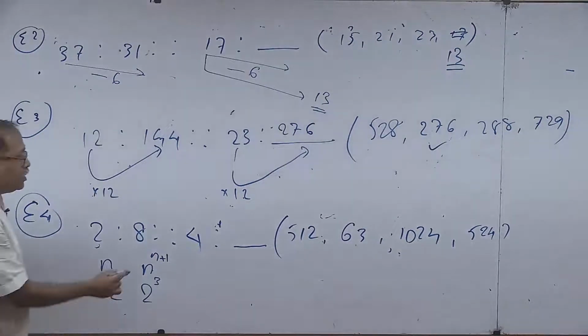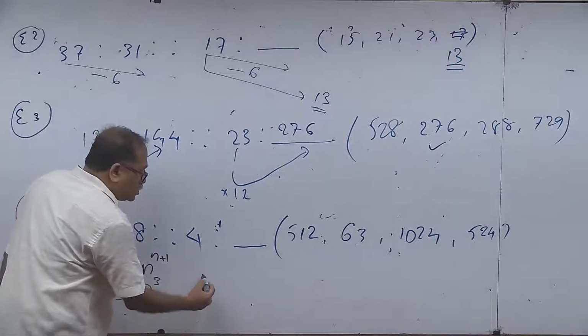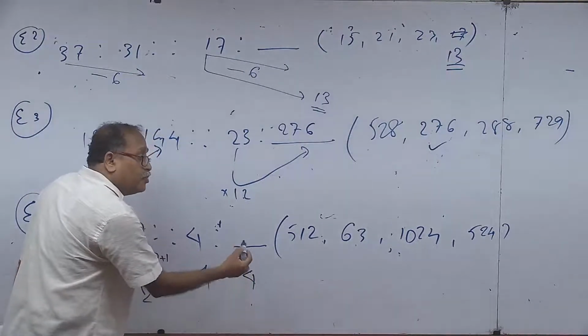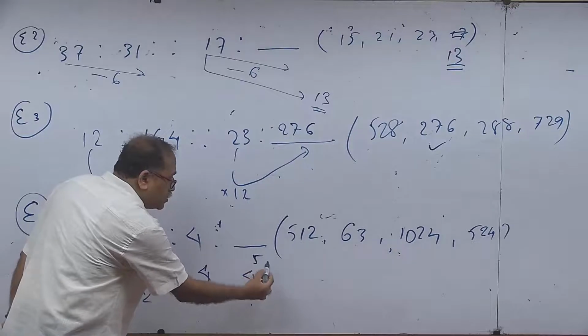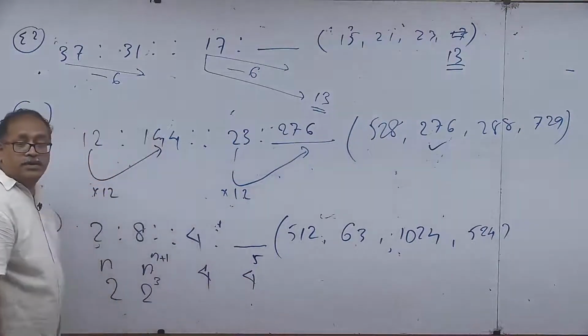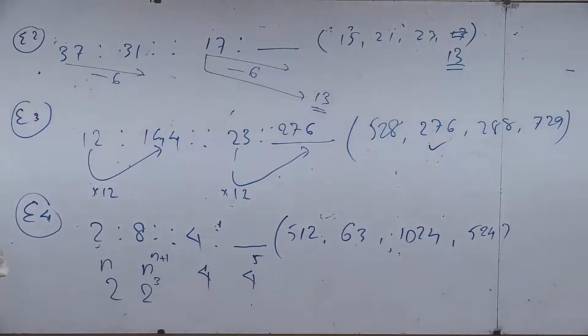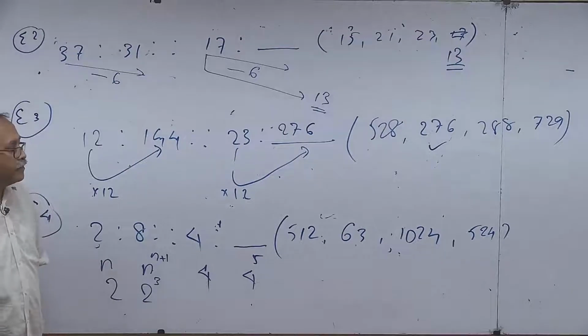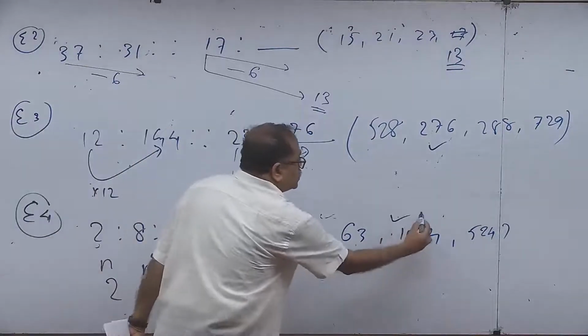Then I will apply the same logic over here. So, this is 4. So, here it is 4 to the whole power 4 plus 1, that's a 5. 4 to the power 5, 2 to the power 10, which is 1024. So, this is your answer in that case.